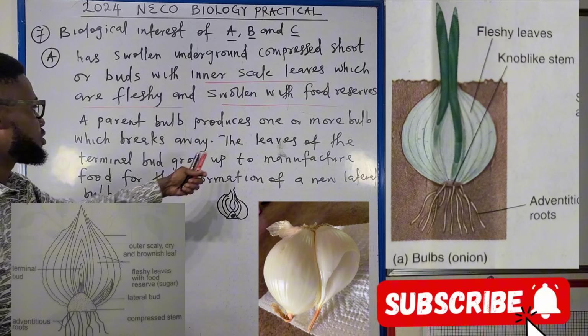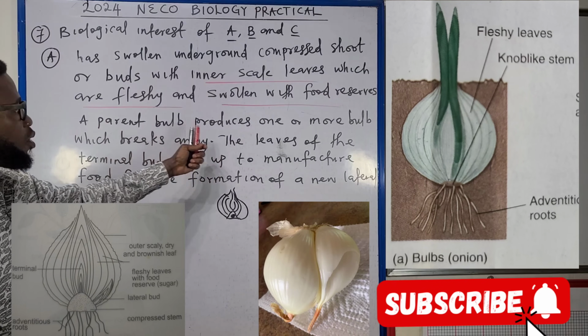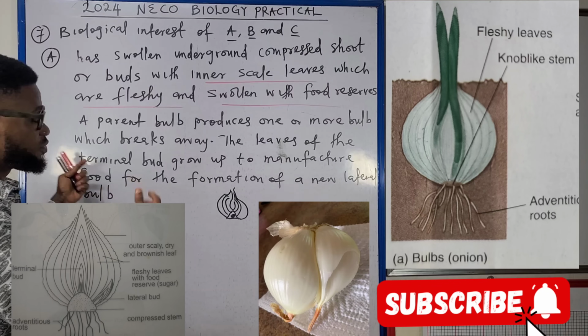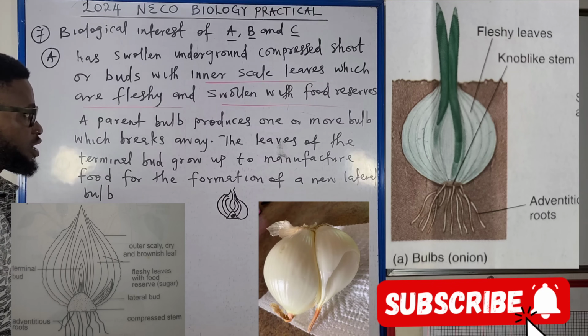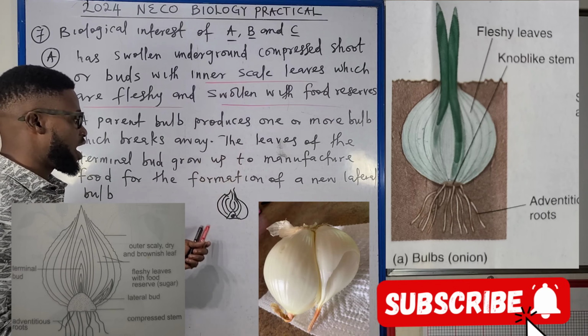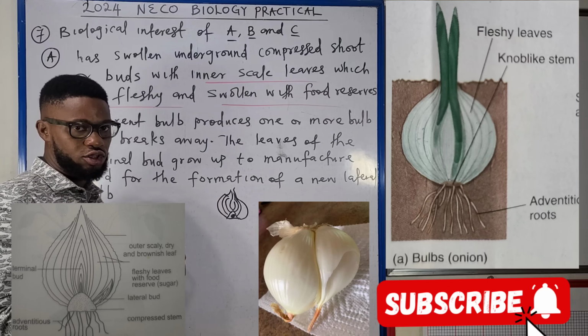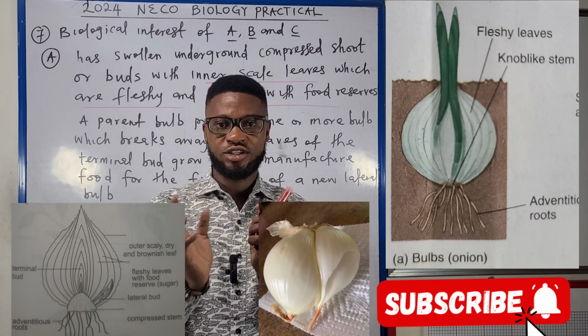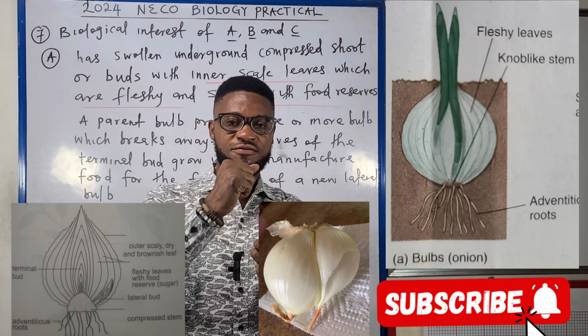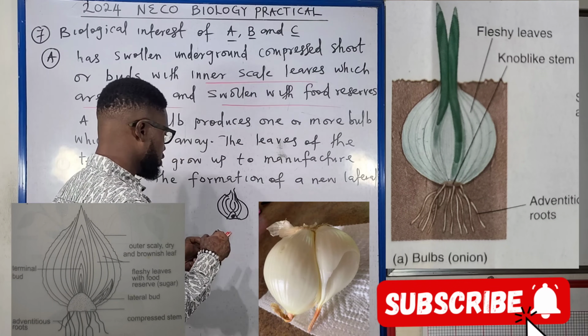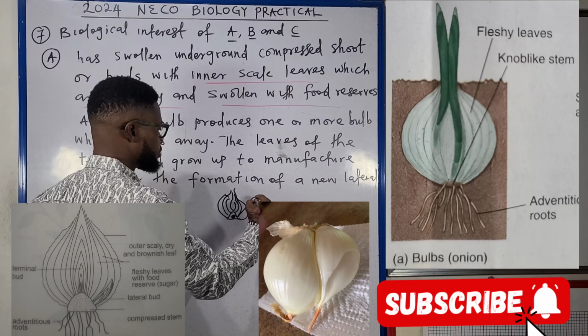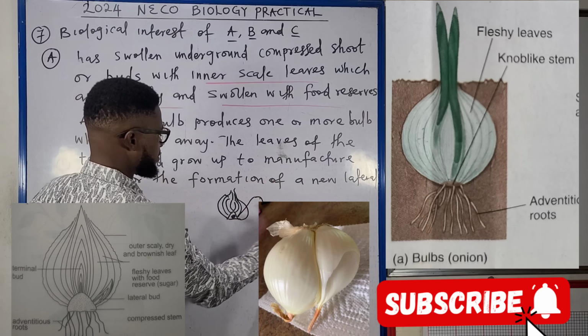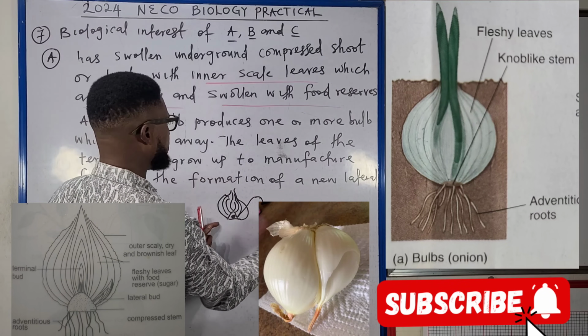And then a parent bulb will produce one or more bulbs which break away to form, of course, another onion bulb. And that is why, with those types of onions that come in twos, when you have a certain onion, the next onion is going to be growing just by the side, which means a new bulb has been formed.